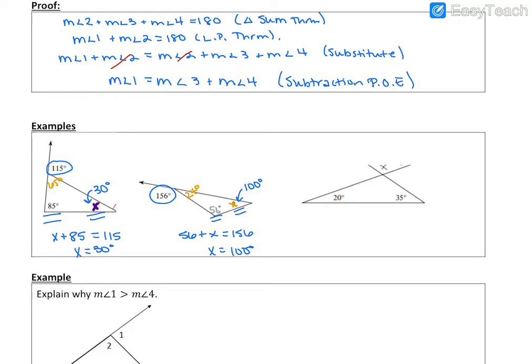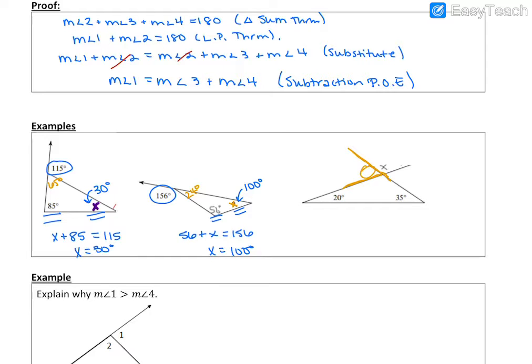All right, so moving on to that third example. This is actually not the exterior angle. I'm going to show you why this is not an exterior angle. If it was an exterior angle, this side would be extended, and this would be the side, and the exterior angle would be here.